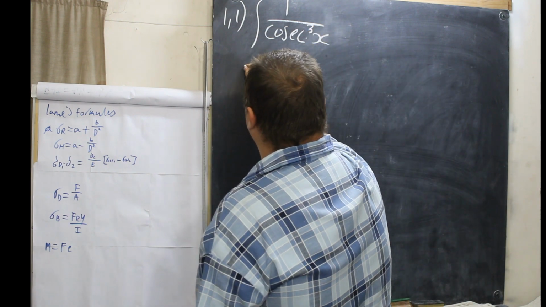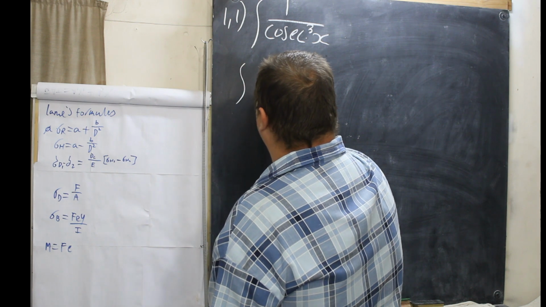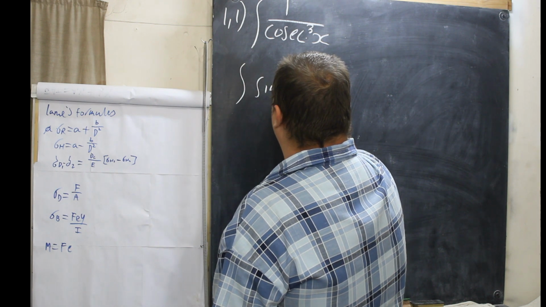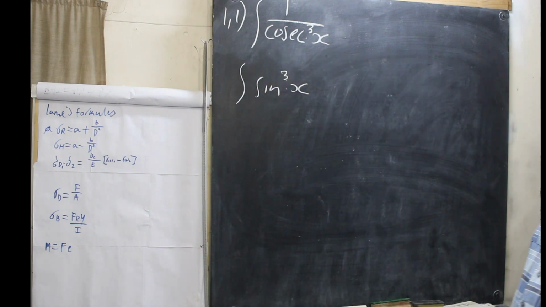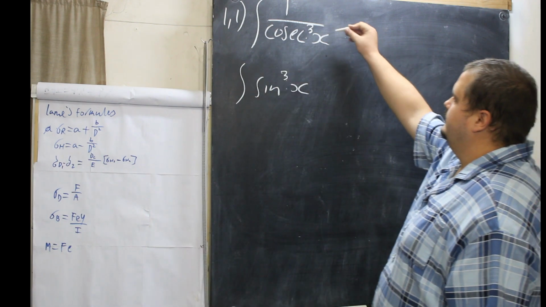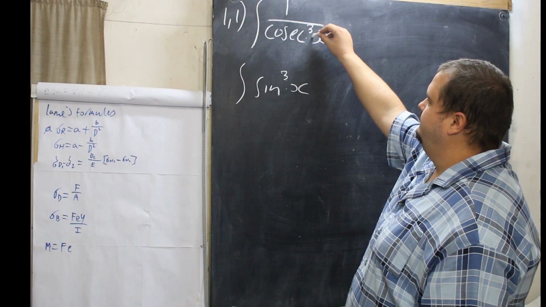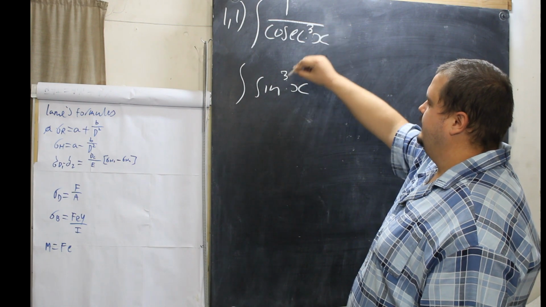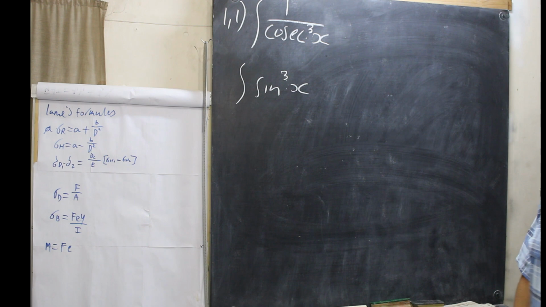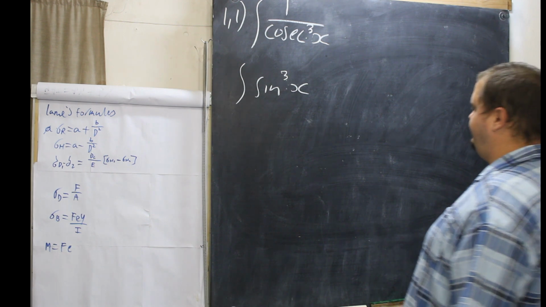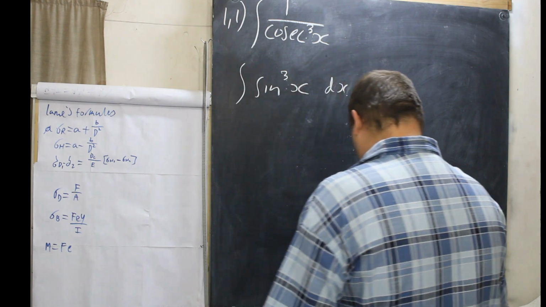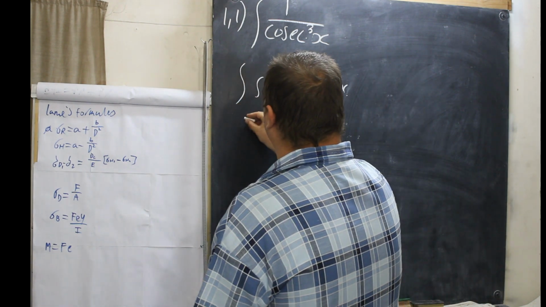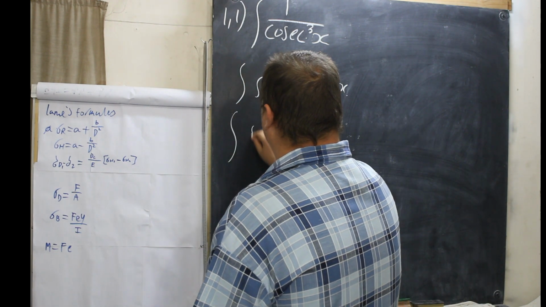So this will be the integral of sine to the power 3, x, because the inverse of 1 over cosec is sine, dx. So now what we do is we split it.